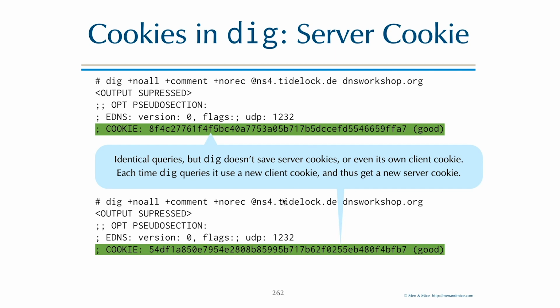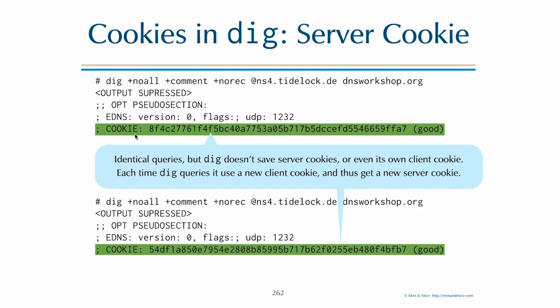And then we send the exact same query right afterwards. We get a different server cookie back. And dig says again, it's perfectly good. And the reason that these are not the same is because dig used a different client cookie in both cases, and dig did not send a server cookie.